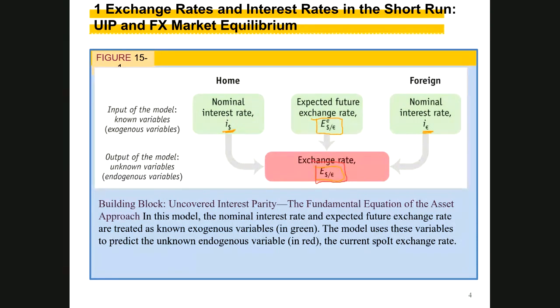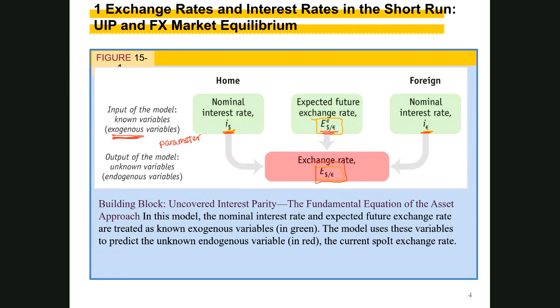So the inputs of the model are known as exogenous variables. Sometimes they are also called parameters. Given that you know those values of the variables, you have to know them before you try to solve it.